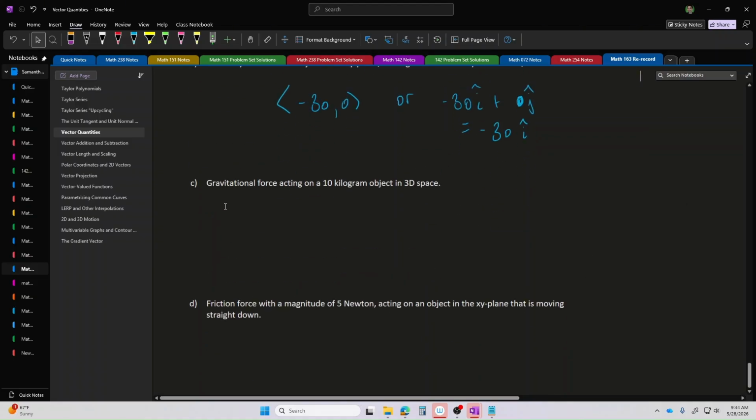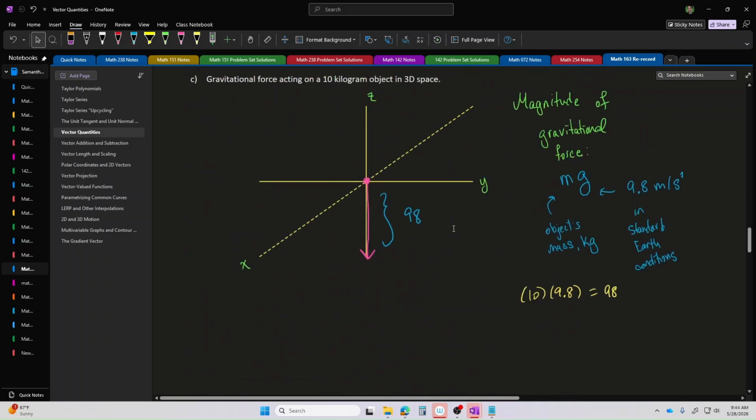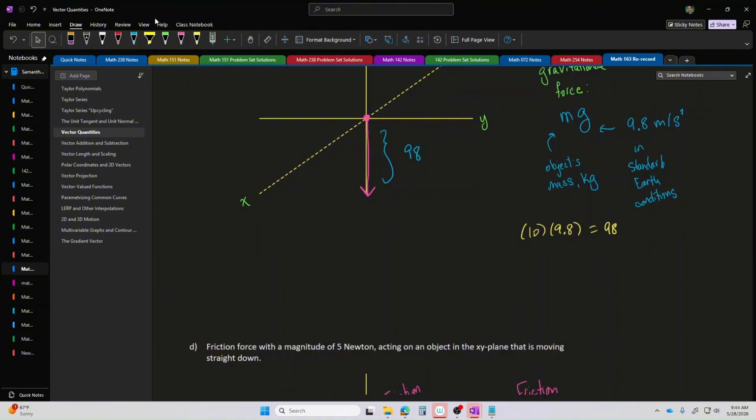What about that 3D vector representing this gravitational force? In this three-dimensional vector, the force was pointing 98 units straight down in the negative z direction. So that means that our z component is negative 98. Meanwhile, nothing is really happening in either the x direction or the y direction, so the x component can be taken as 0, and the y component is also 0.